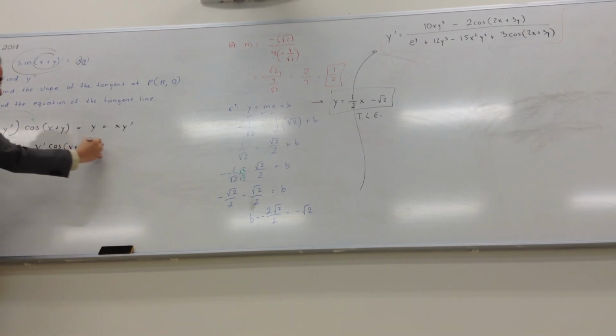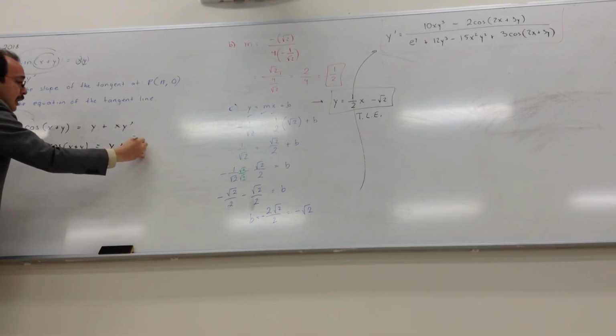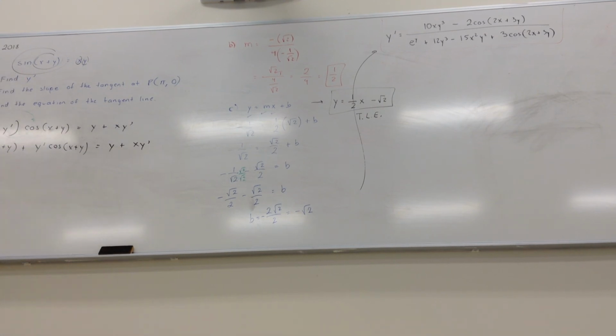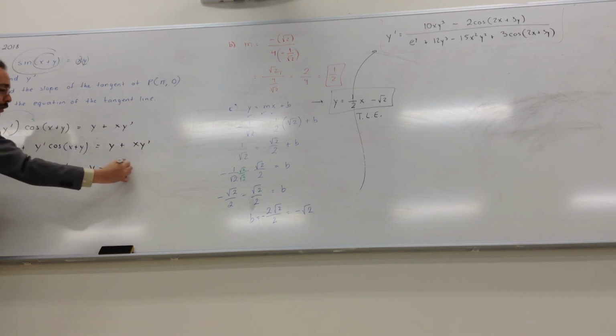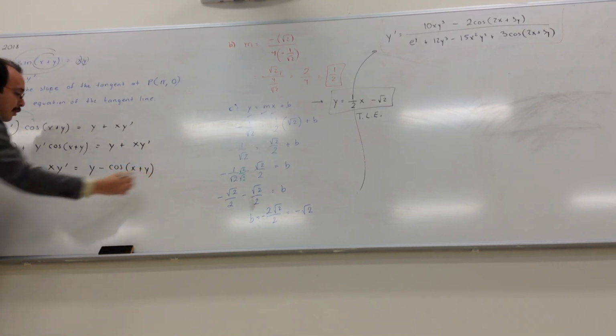Equal to y plus x y prime. Now what? So this time to the left. Y prime cosine of x plus y minus x y prime, right? I leave this one here and I pass this one to that side. Equal to y minus cosine of x plus y.